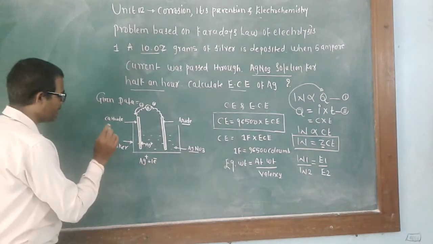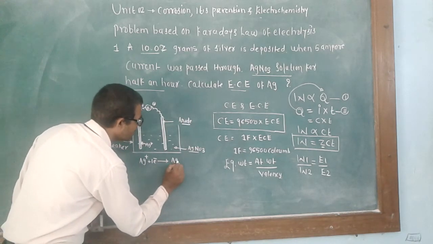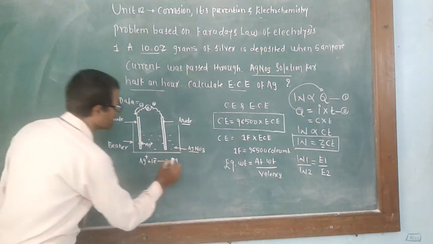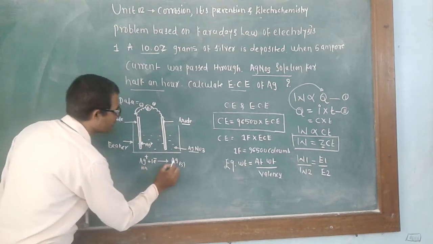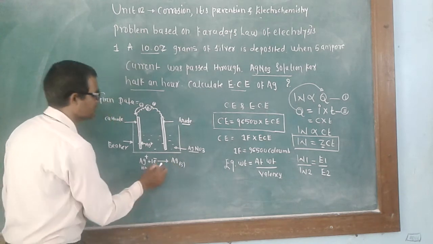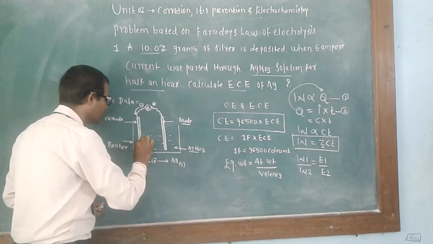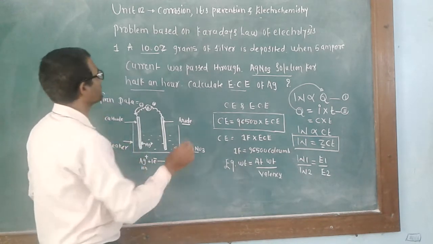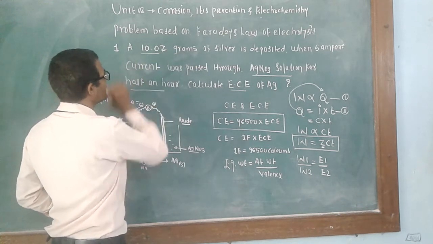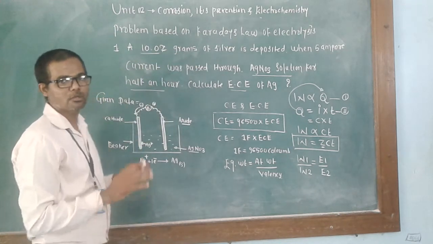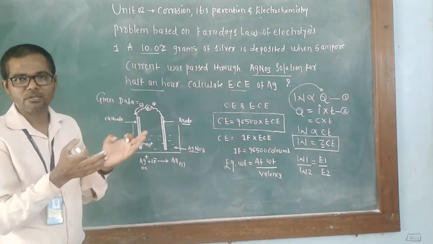When Ag plus accepts one electron, silver metal, which is a solid, is formed, and this silver starts to deposit on the cathode. According to the numerical, 10.07 gram of silver is deposited on the cathode. That gram indicates the weight of substance deposited on your cathode.